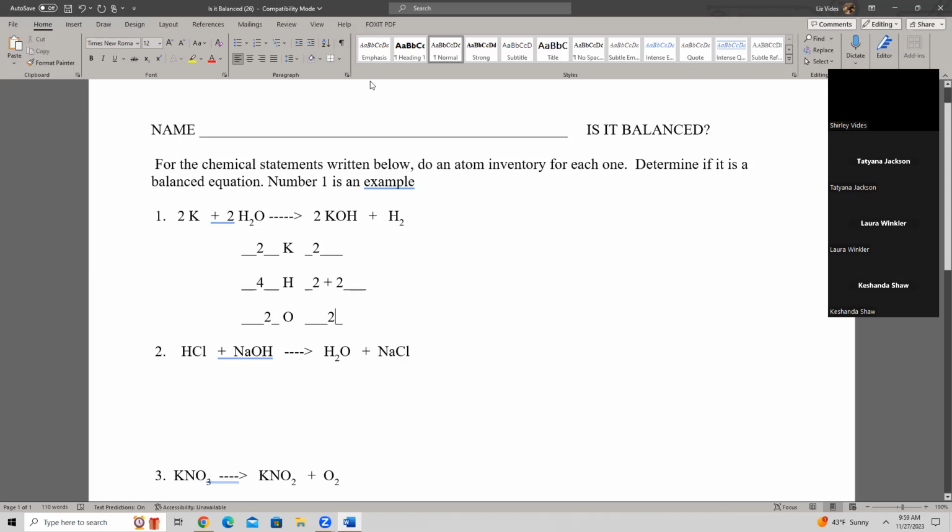Let's see here. Let's do sodium. I'm going to put it in the middle here. I usually try to do it in order. So hydrogen. Oh, I see. We're on capitals. That's why it wouldn't let me do it. And then tab again. Then we have chlorine, right?